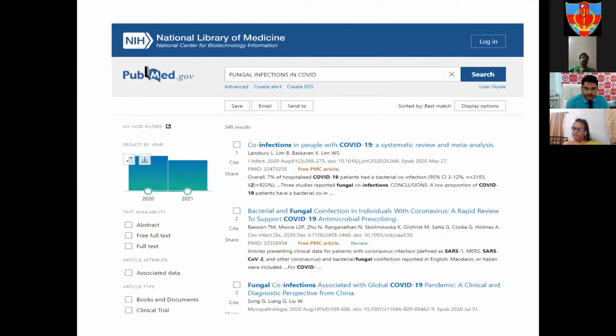Meta-analysis, in general words, tells you what is trending. It is a compilation of a large number of studies published on a similar topic, in this case COVID-19 related fungal infections and other infections, to see what the trend is and what distilled information comes out of a detailed statistical analysis of these studies. With search words like fungal infections in COVID, I came across 3 meta-analyses, and no surprise that all this data emerged mainly from the US, China, and Europe, Spanish and Italian articles.